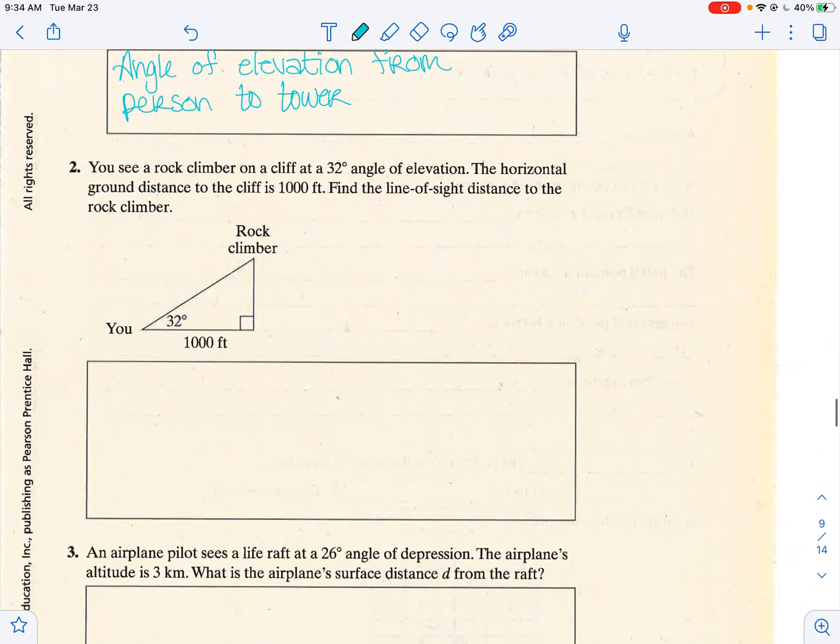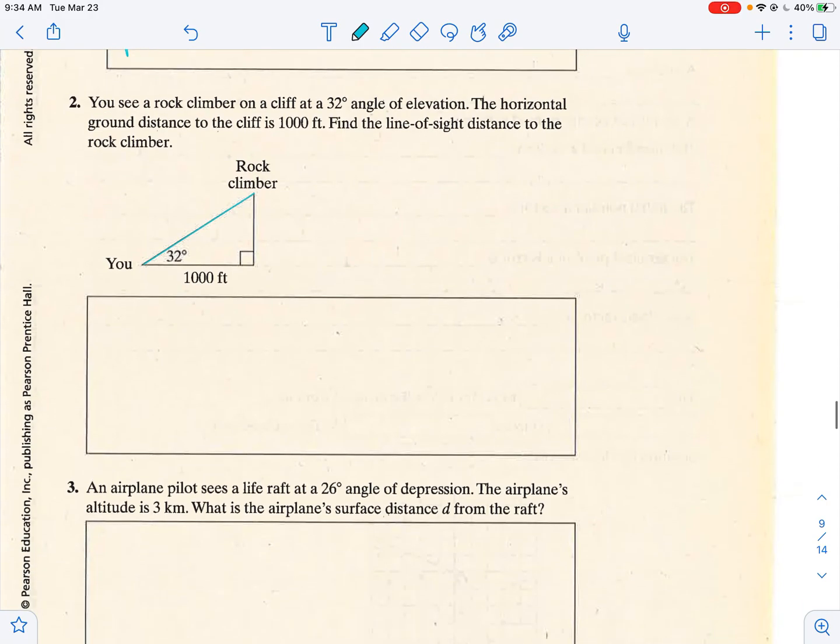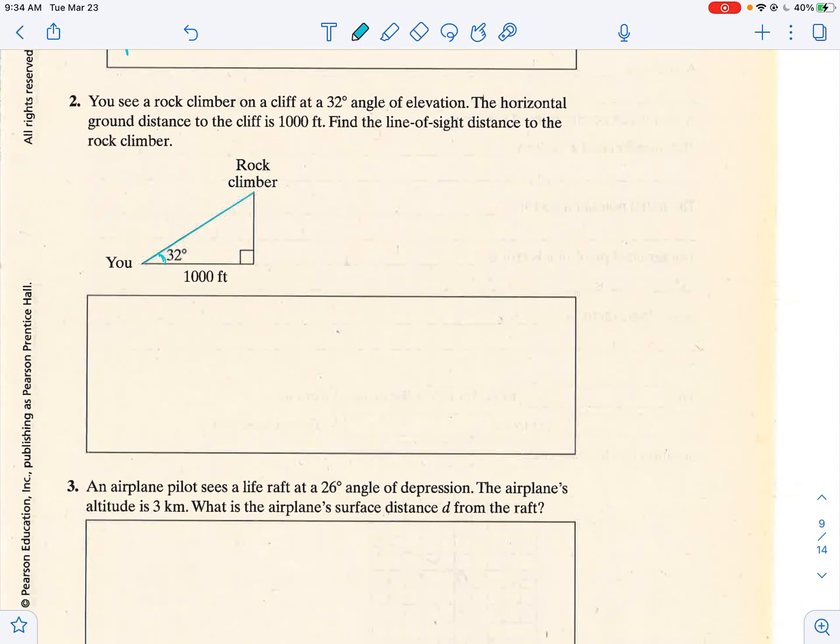Okay, number 2, you see a rock climber on a cliff at a 32-degree angle of elevation. The horizontal ground distance to the cliff is 1,000 feet. Find the line of sight distance to the rock climber. So we're just trying to find from your eyes to the rock climber. So we know this is 32. We have the adjacent side, and we're trying to find the hypotenuse.